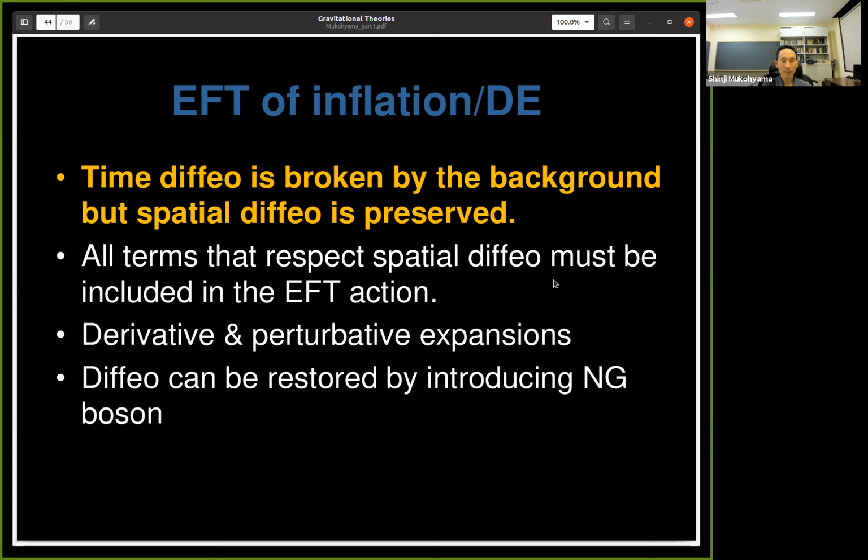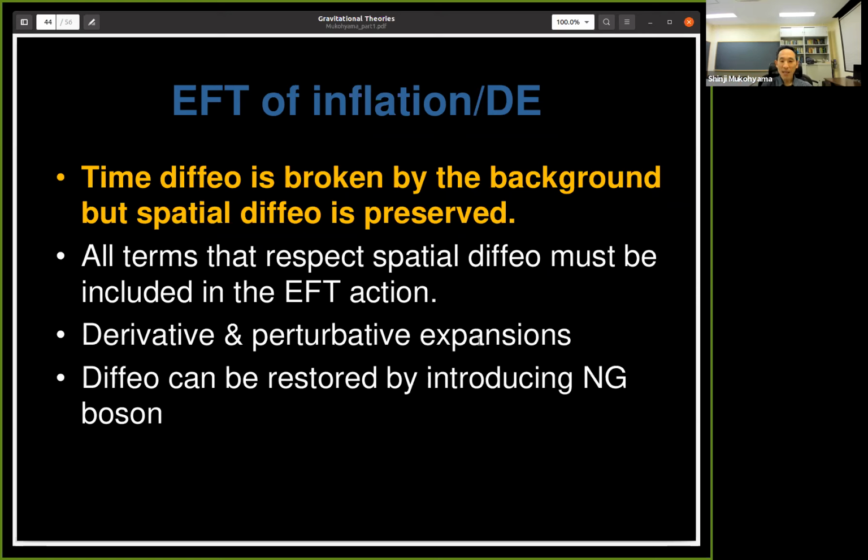We need to include all of them in the effective field theory action. As I said, this effective field theory is valid only at low energy, but at low energy it is completely universal. In order to do that, we just need to do a derivative expansion. At low energy, derivatives are small, so we can expand the action by the number of derivatives. We also do an expansion with respect to perturbations around the homogeneous isotropic universe. If the universe is almost homogeneous and isotropic, this expansion with respect to perturbations also makes sense. So this is what we do.